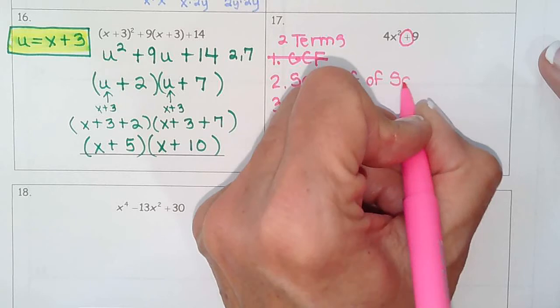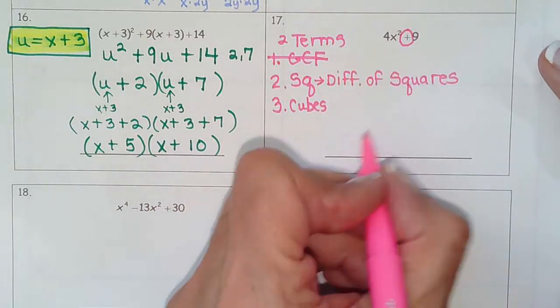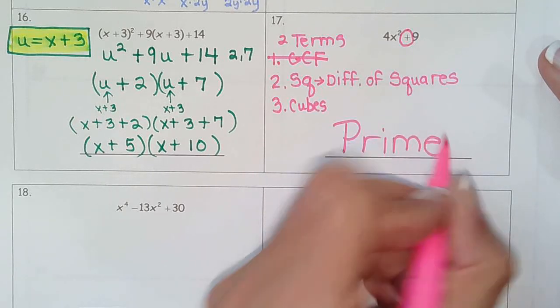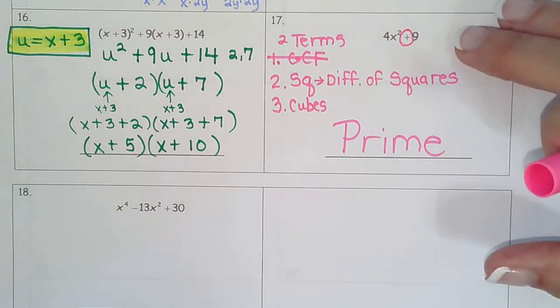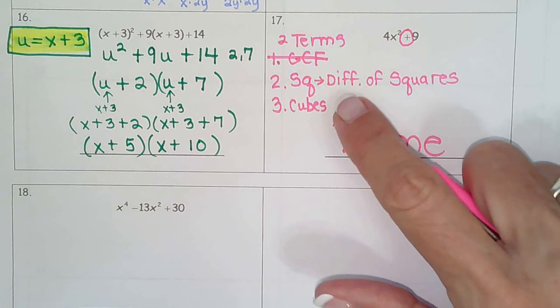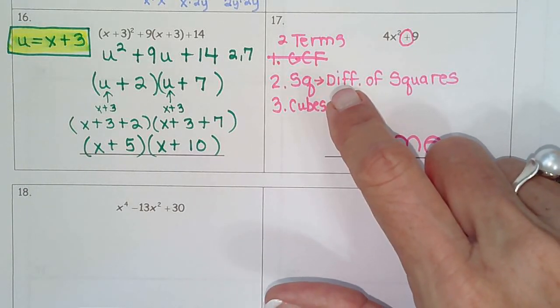So who remembers what we wrote in our notes for the plus ones? Prime. And it's not cubes because the exponents aren't divisible by 3. So we just write prime. And the reason we only know how to factor squares if they're subtraction.